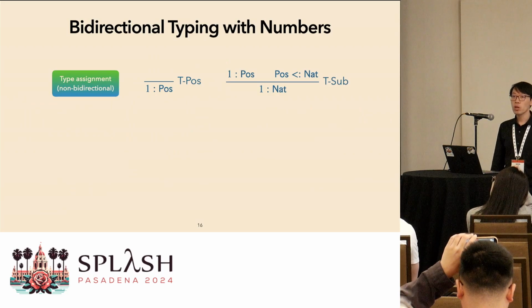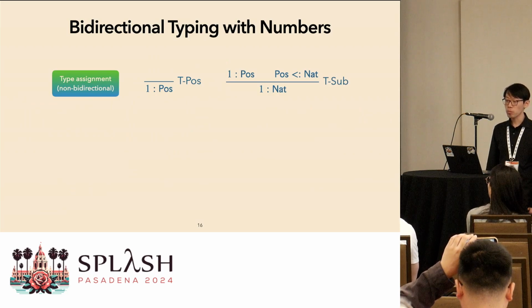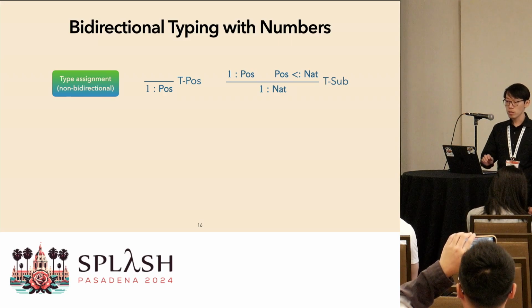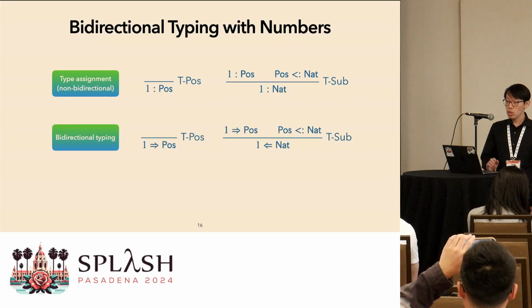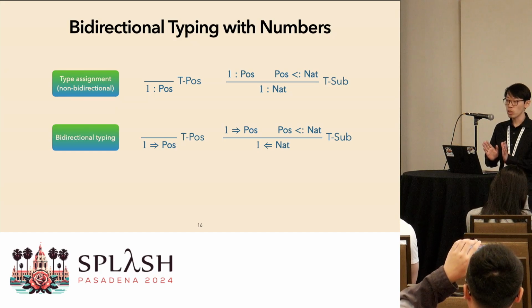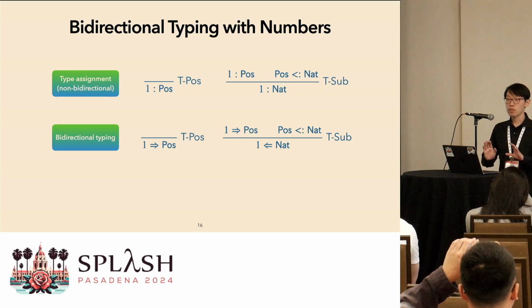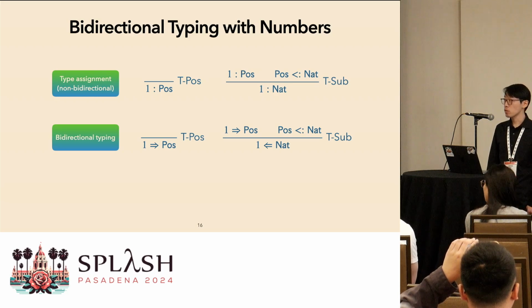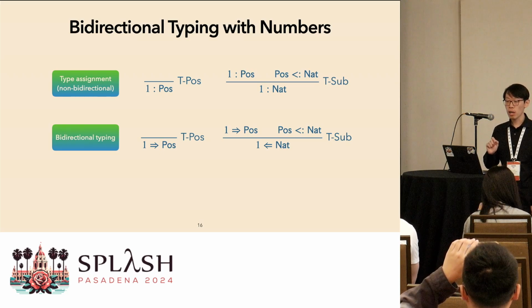Back to the very simple example on numbers, we can see that now 1 is inferred to have type pos, and that is the most precise type of 1. In most bidirectional typing systems, an expression can only infer one type, because that's the more deterministic way to do it.